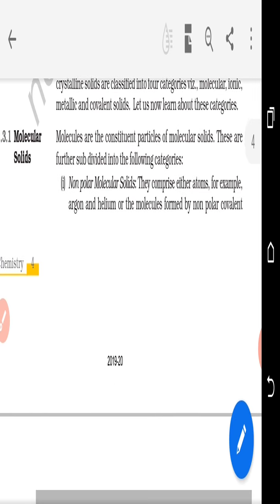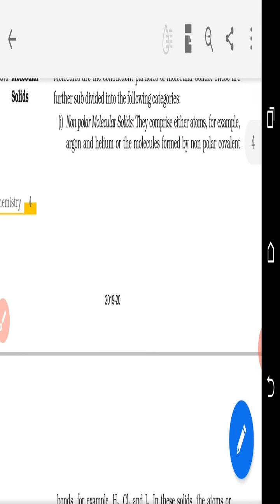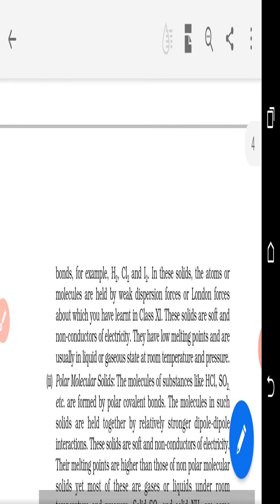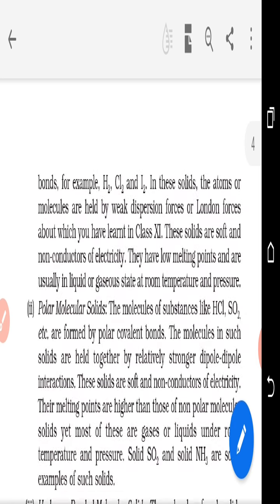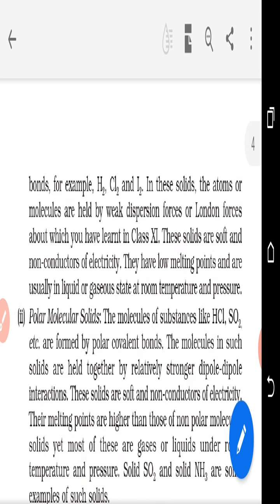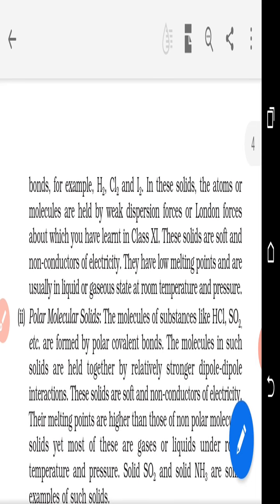If the molecules are non-polar in nature, they will form non-polar molecular solids, examples like argon, helium, iodine, etc. In these solids, the atoms or molecules are held by weak forces like London forces, and hence they are soft and non-conducting in nature.